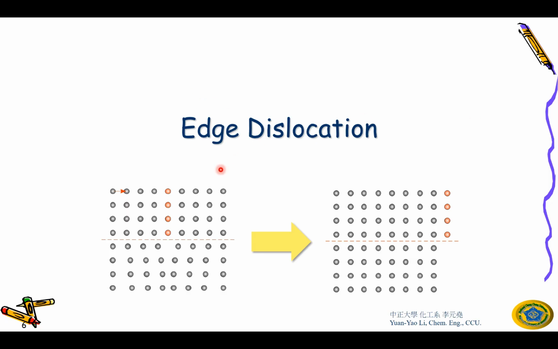Here you have a line, and as you can see, this is a mismatch. It was a very good line here, but because you have one extra plane inserted into this part, you can then move this to the end. That's why this is called edge dislocation.